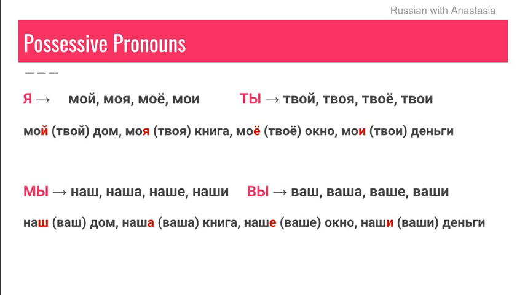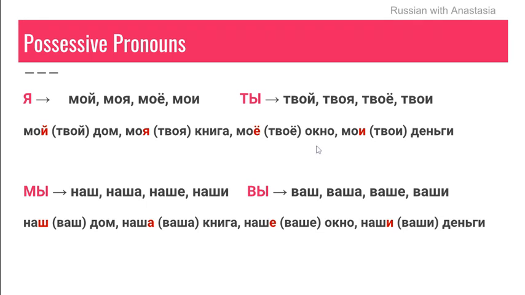Let's look at some examples. The first one, мой or твой, дом. Дом is masculine, so мой and твой are in masculine form too. Second one, моя, твоя книга. Книга she, feminine, so моя or твоя книга.